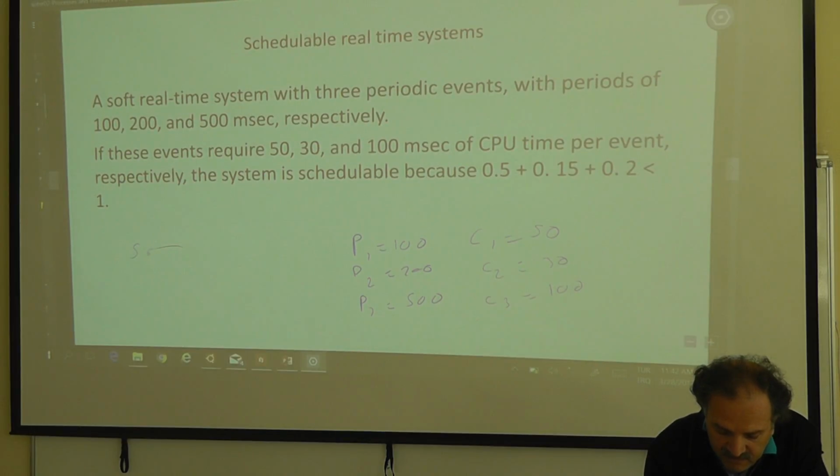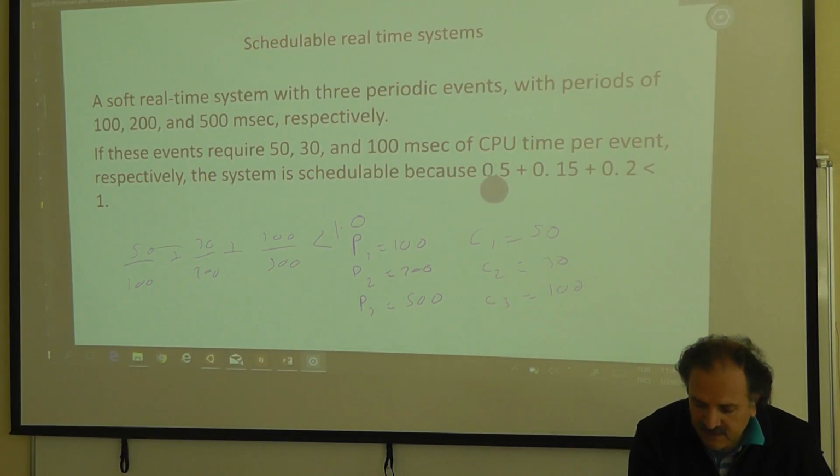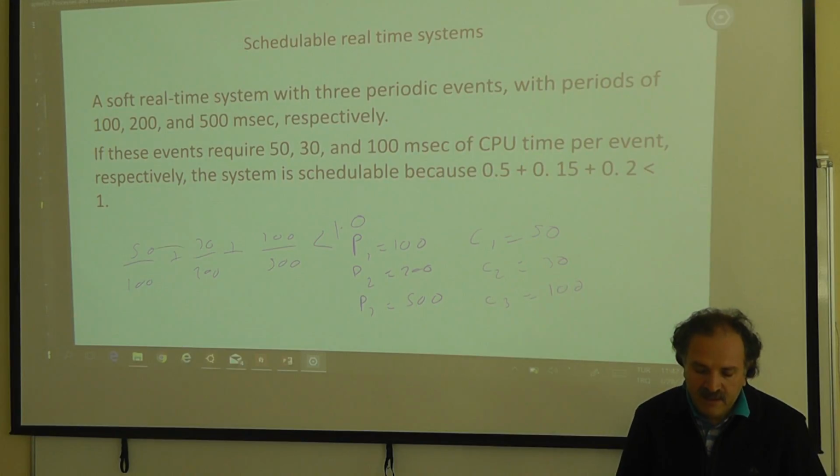So what I do is 50 over 100 plus 30 over 200 plus 100 over 500. This should be less than 1.0. Is it? Yes, it is. So this is 0.85, which is less than 1.0.